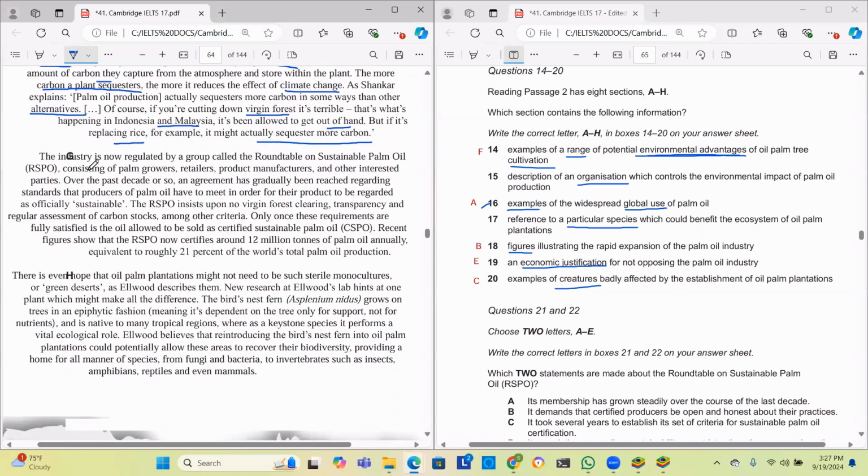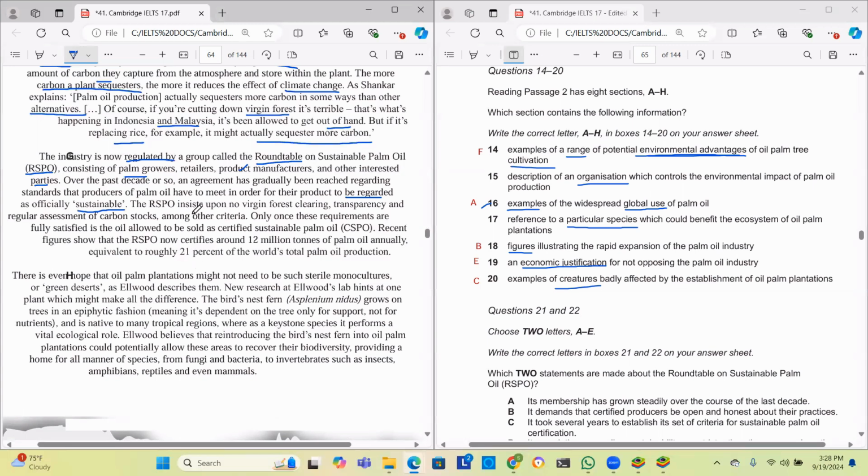The industry is now regulated by a group called the Round Table on Sustainable Palm Oil, RSPO, consisting of growers, retailers, manufacturers, and other interested parties. Over the past decade or so, an agreement has gradually been reached regarding standards that producers of palm oil have to meet in order for their product to be regarded as officially sustainable.